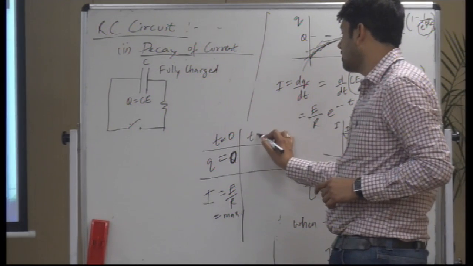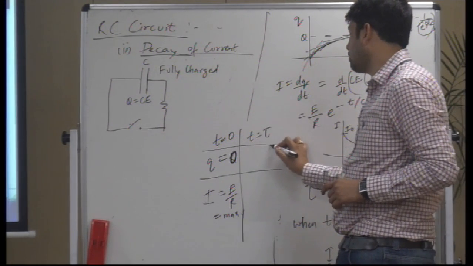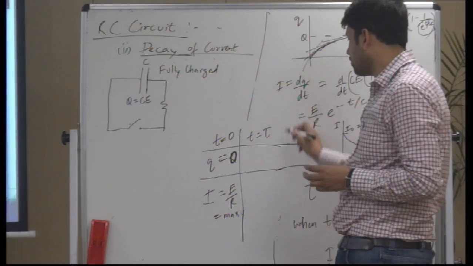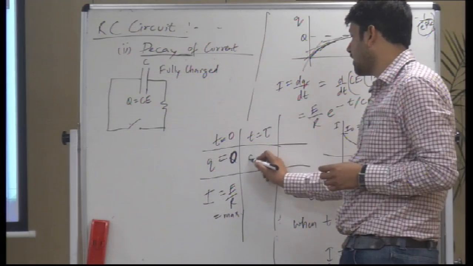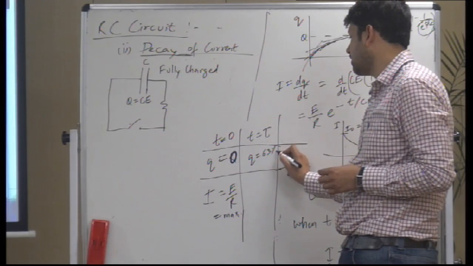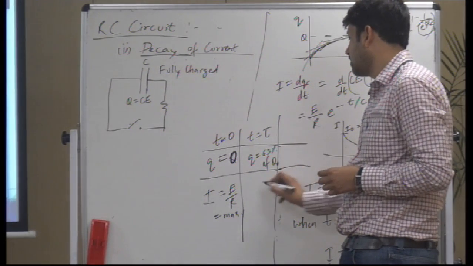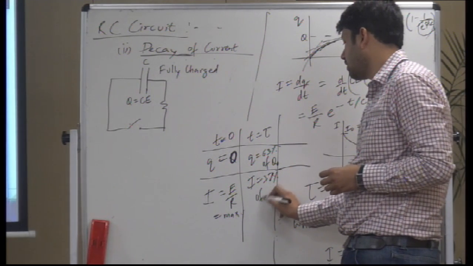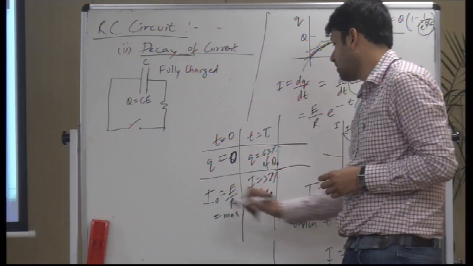When a time equal to the growth constant passes, charge becomes 63% of Q naught, and current reduces to 37% of I naught. This is the maximum current.